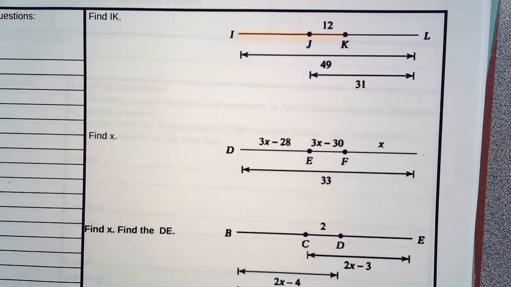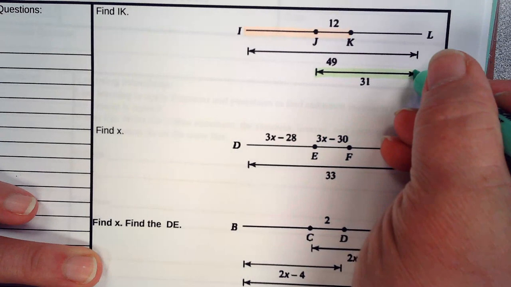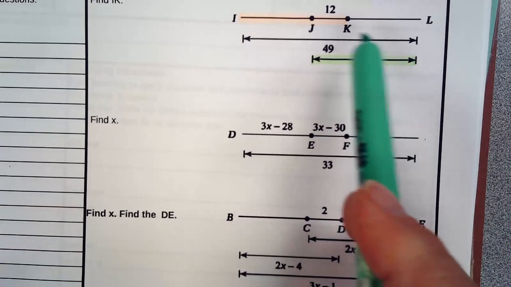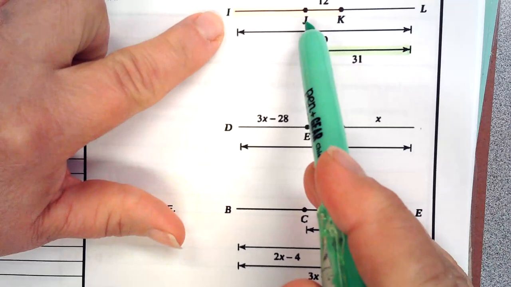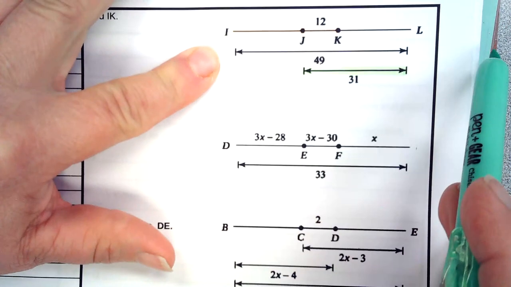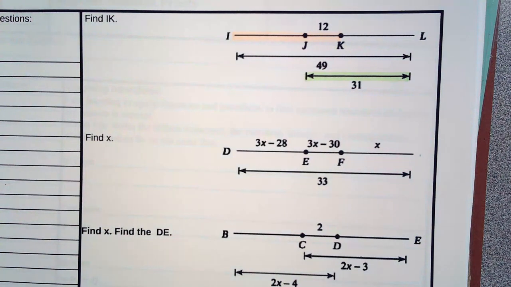How do I use that? Okay, so we're going to actually drop down and look at the bottom. This doesn't give us what we need, does it? But we know that it will give us the length of IJ. Once we find the length of IJ, then we can find the length of IK. So what is the length of IJ?